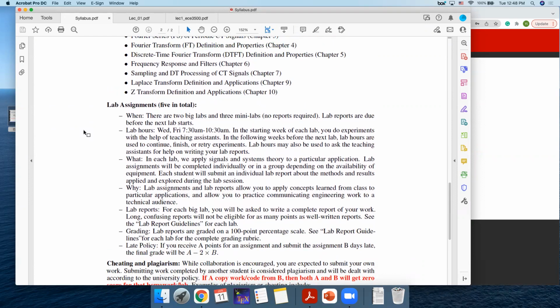And for the labs, each lab may take 1 to 3 weeks, depending on the materials covered. So basically, if the lab takes multiple weeks, in the first 1 or 2 weeks, the TA will go over the lab materials.